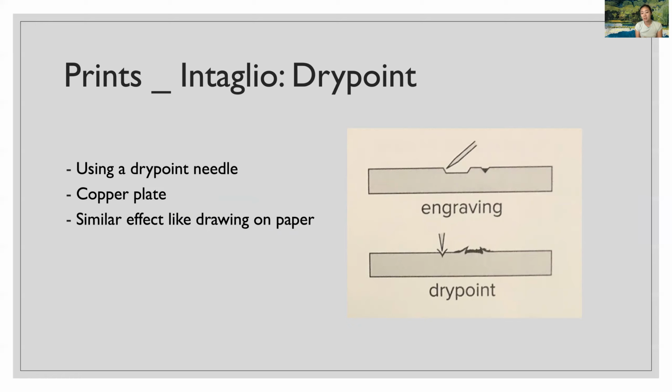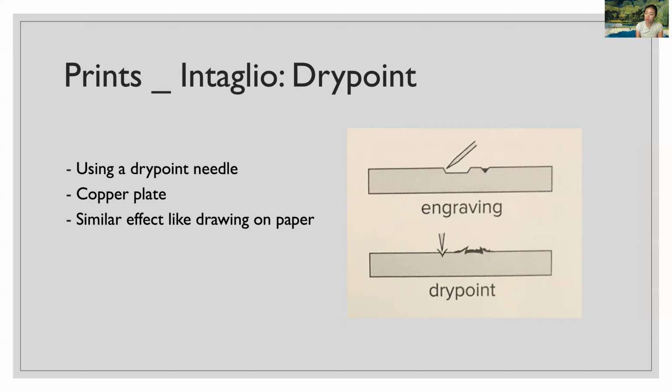Dry point is similar to engraving, except that the cutting instrument used is a dry point needle. The artist draws on the plate, usually a copper plate, almost as freely as one can draw on paper with a pencil.